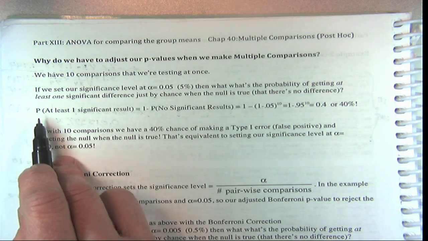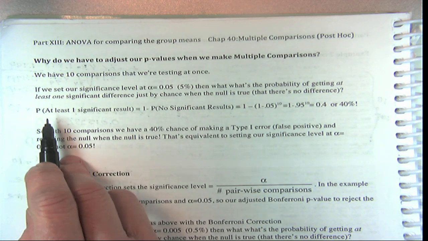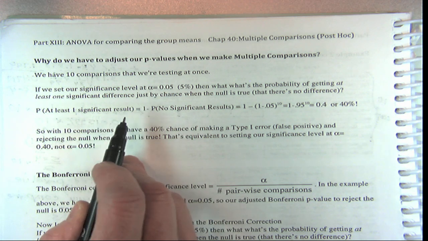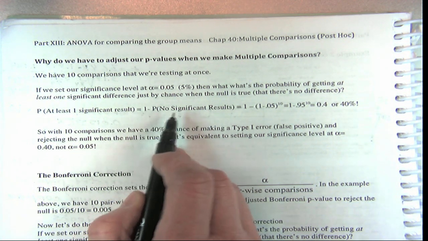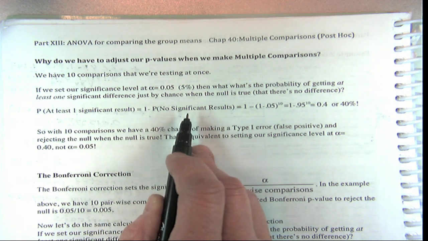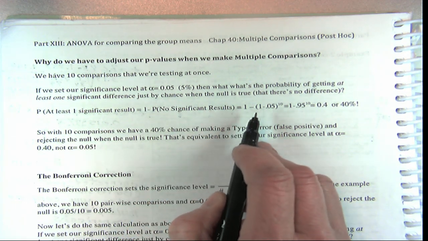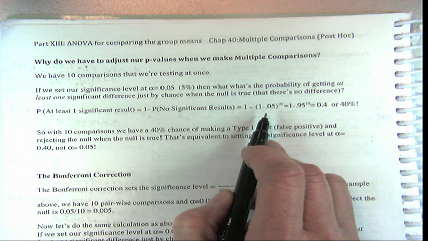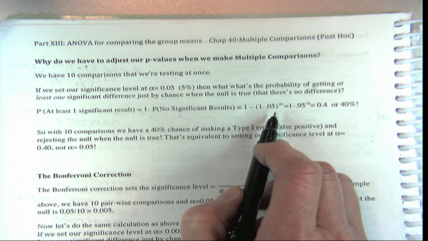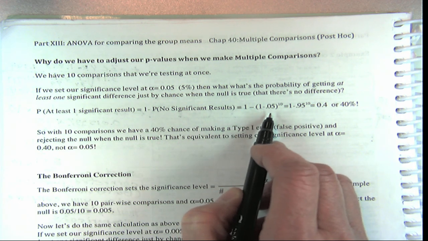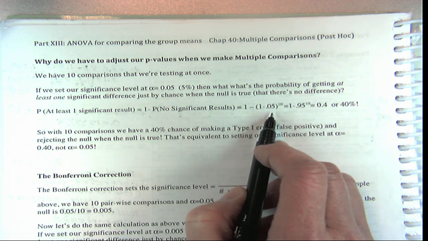Well, we can use our probability rules. The probability of at least one significant result is 1 minus the probability of none. We know that. The probability of a false positive on one test is 5%, so the probability of none is 95%, 0.95.